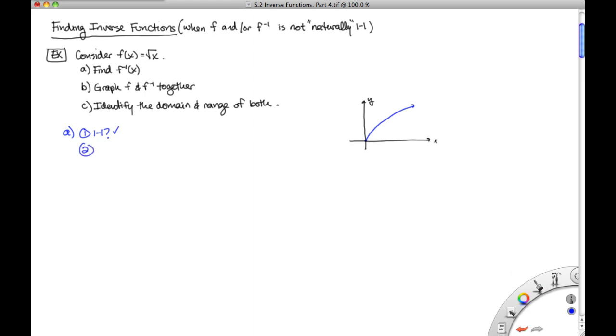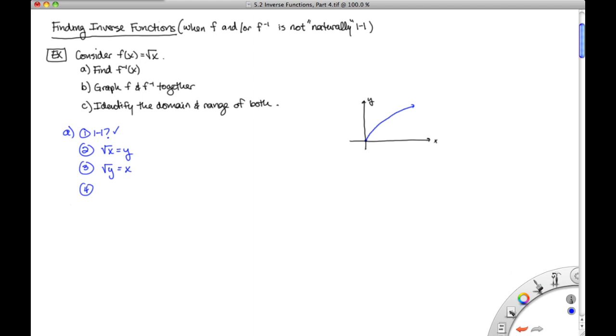So in terms of part one, yes, we've got a one-to-one function. And then we just go through this process. The first thing we do is take our function, the square root of x, and set it equal to y. Then we swap our x and our y's, and then in step 4 we have to solve for y. Here's the whole purpose of the inverse functions. We need to figure out how we can undo the square root.